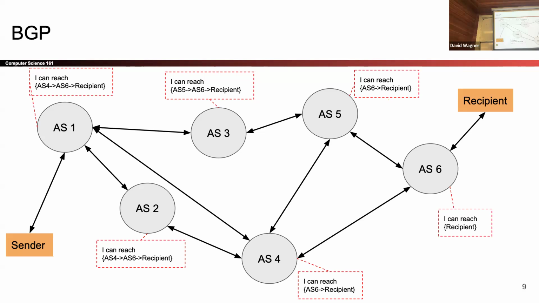Man in the middle versus on path. Man in the middle would be the Wi-Fi access point in this room. When I'm sending messages to Amazon, they go through the access point and then get forwarded on to Amazon. So the access point can observe and modify those packets.